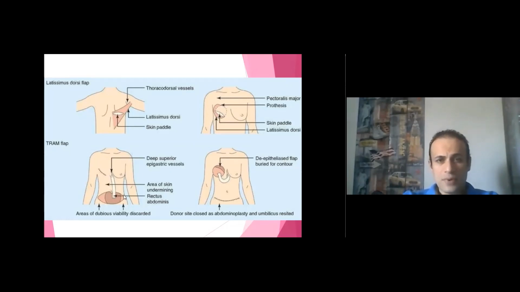With the trunk flap, we also remove the rectus abdominis muscle, and move it under the skin through a tunnel to the defect area. Of course, we should consider that the blood supply should be preserved through the thoracodorsal vessels for the latissimus dorsi and the deep superior epigastric vessels for the trunk flap.